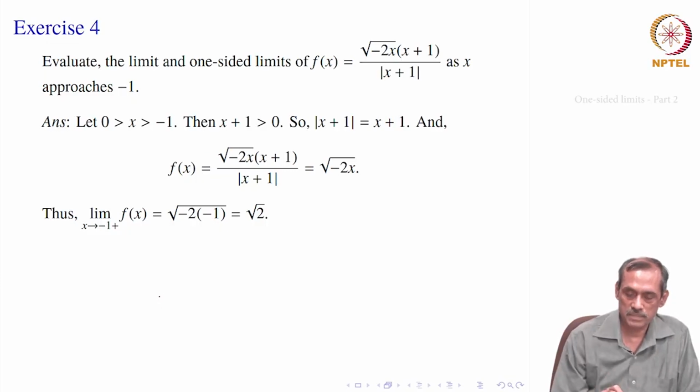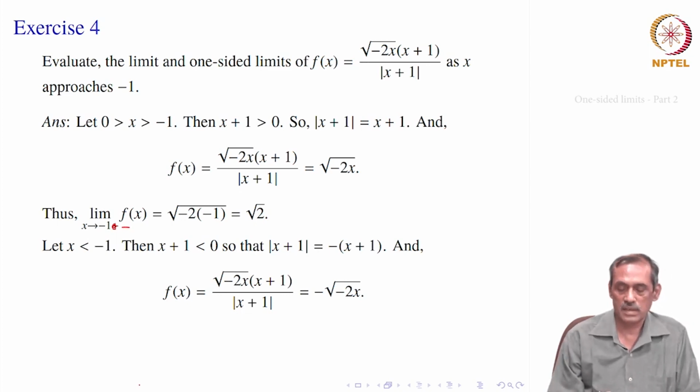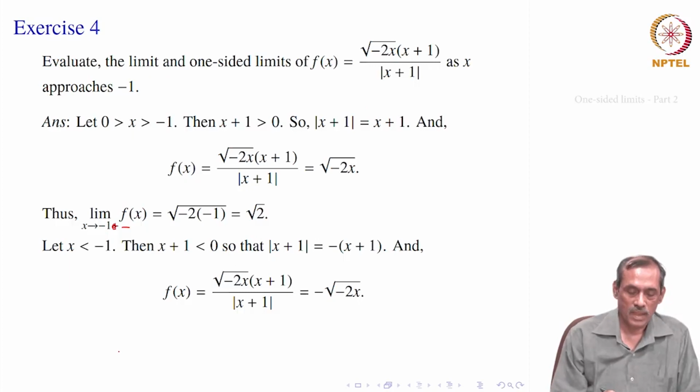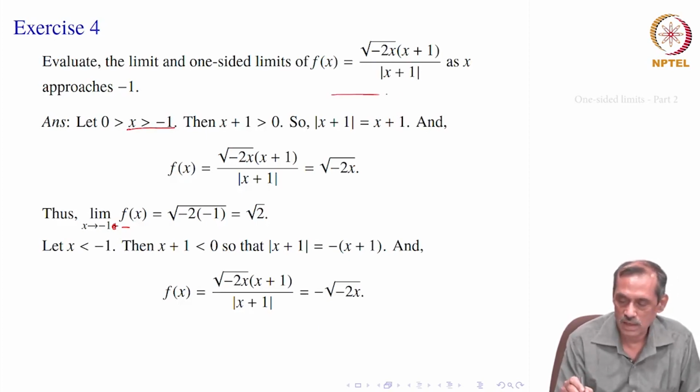Okay. So, now that is for the left side limit. So, what will happen to the limit then? It will be minus 2 and x is remaining minus 1 and that should be equal to root 2, that is right. So, this is really minus side, right, it is left side. Now, when x is less than minus 1, oh no, we have taken x to be bigger than minus 1, I see, it is not at the point 0, but at minus 1, we are concerned with the limit at minus 1.